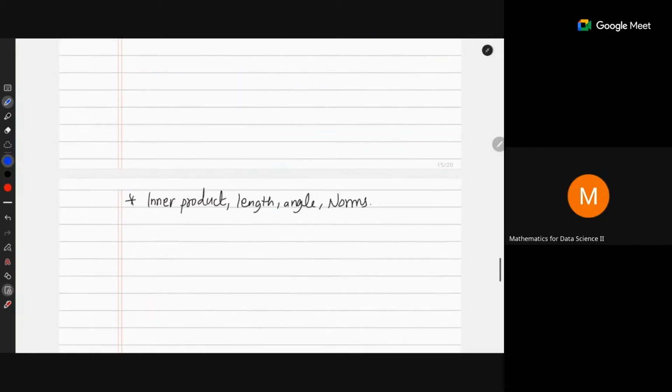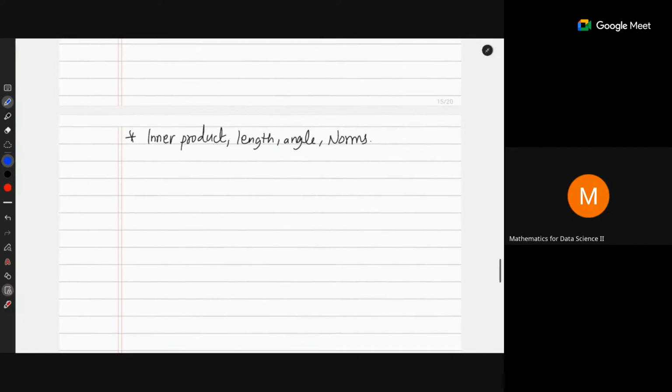Okay, the similar thing we can do by defining a structure which is called an inner product on a vector space, and then we can mimic whatever we did in the case of R2 or Rn in any general vector space. So suppose you have a vector space where plus denotes the addition and dot denotes the scalar multiplication over R. So we define an inner product as a function on V cross V to R, satisfying the following properties.